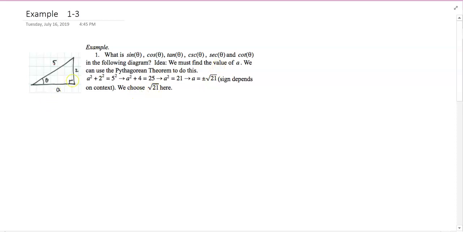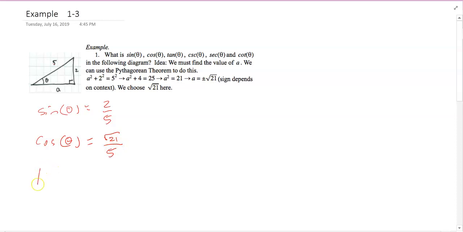Now let us look at the sine. Sine of theta will be the opposite over the hypotenuse. So sine of theta will be 2 over 5. Cosine of theta will be adjacent over hypotenuse, and we know that a was root 21, so it's root 21 over 5.